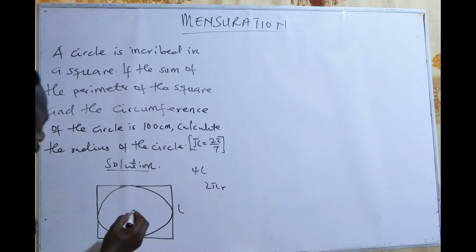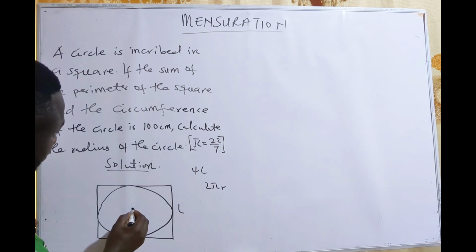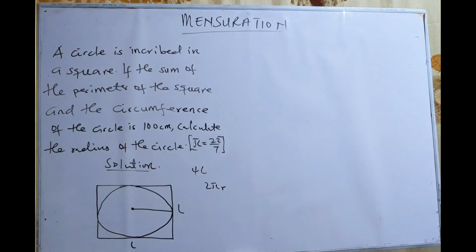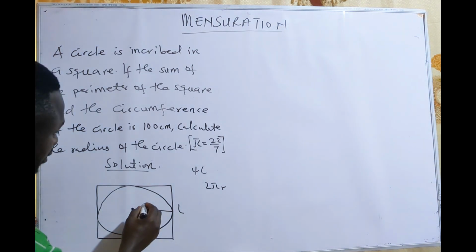So where can we see the radius of the circle? The radius of the circle is here. And we can see that the radius of the circle is half of the length of the square.